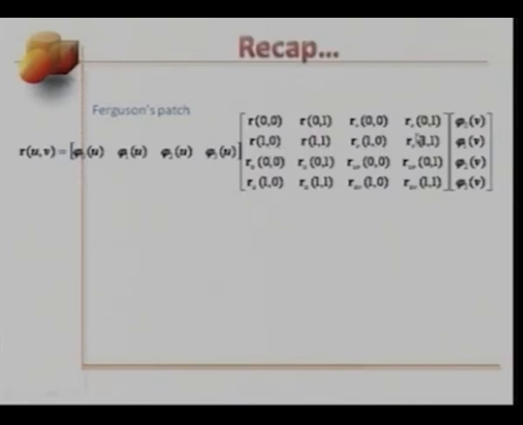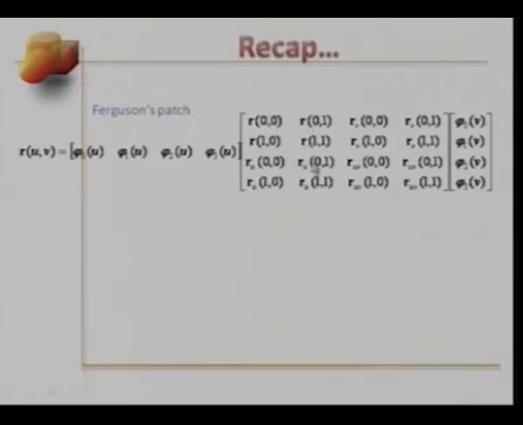This region here comprises information pertaining to the slopes along the v direction, r sub v, which is also partial r over partial v. Again, evaluated in the same order as these 4 numbers.